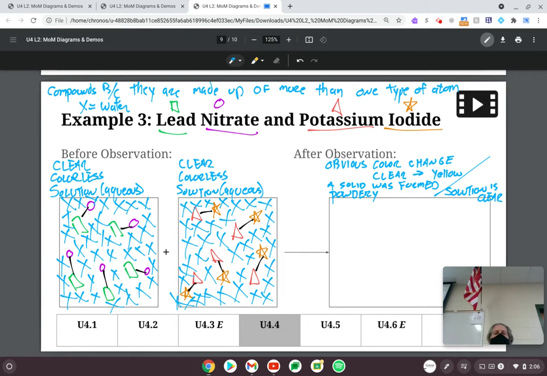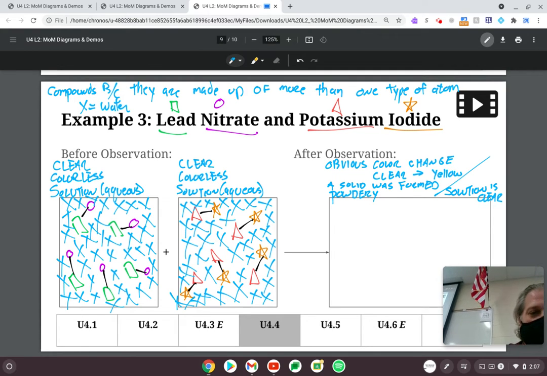Now, I can tell you for a fact that some of the elements switched places in these solutions. So when I took these two solutions and poured them together, the elements switched places and became clearly a new compound. So what type of reaction is this? Physical or a chemical change?